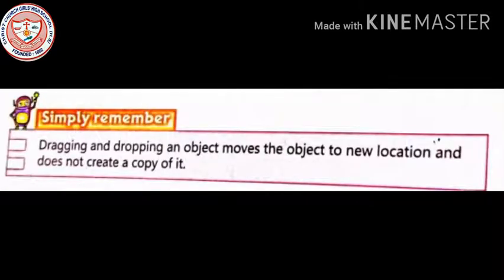Simply remember, dragging and dropping an object moves the object to a new location and does not create a copy of it. So what does drag and drop do? It moves the object to the next position, like when we cut and then paste it.